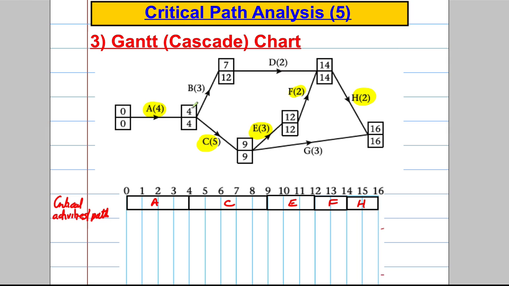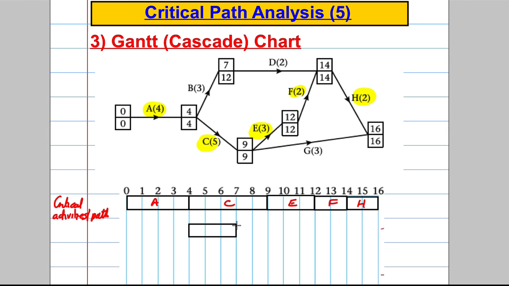Now let's start with B. You can get to B in 4, and it's 3 long. And we've calculated already that you've got to leave by 12. So you've got a float, haven't you, of 12, take away 3, take away 4, which is 5. So I draw B starting at 4, and it's going to be 3 long, so it could go up to 7.